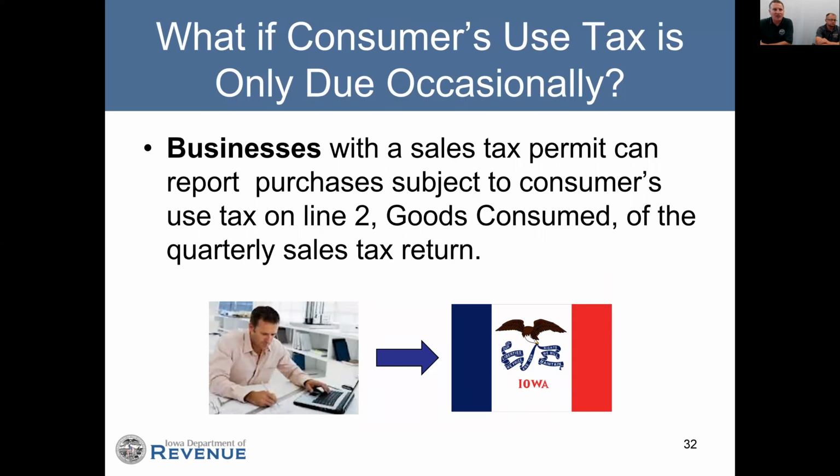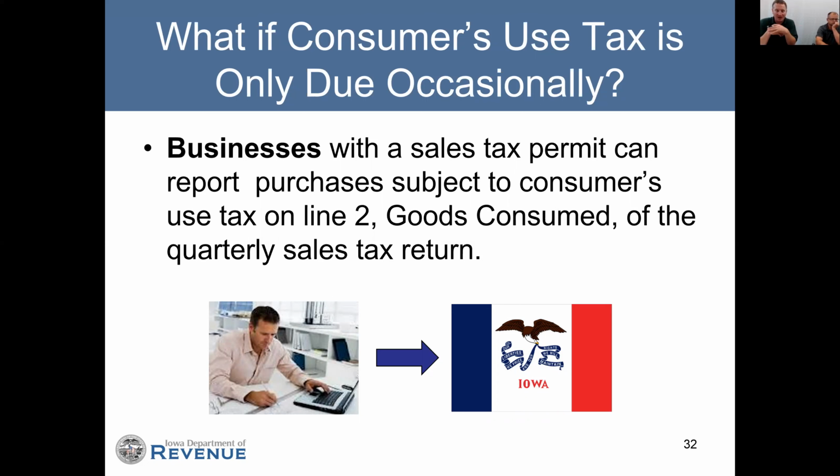What if I only do this on occasion? If you are a business and you only make these types of purchases on occasion, and you happen to have a sales tax permit, you can report that on the goods consumed line on your sales tax quarterly return. By that I mean, let's say you're a barber.